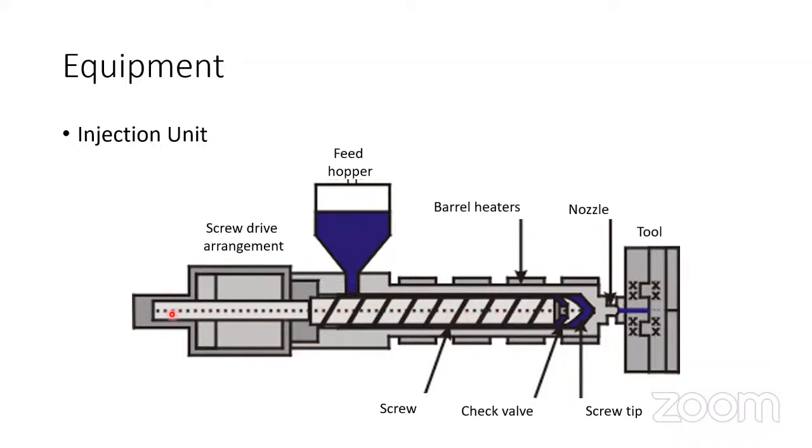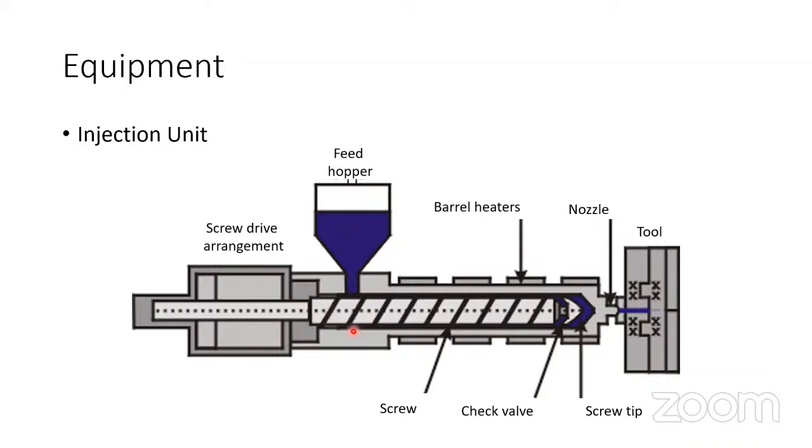Now, when it rotates anti-clockwise and moves backward, the material will fall from the hopper to the throat, from the throat to the feed section. Here is the feed section. The material will fall here, friend.